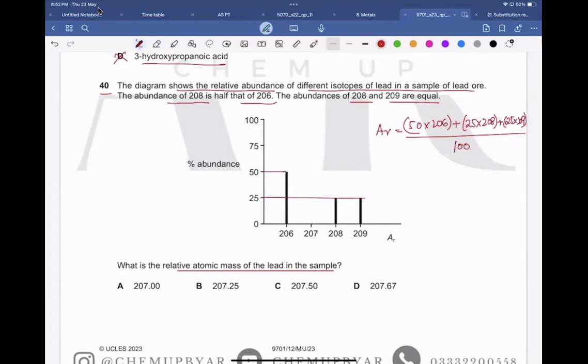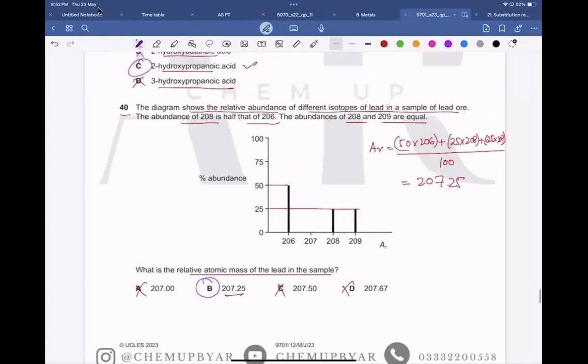Yes, can anyone please calculate and tell me the answer? It's 207.25. So it's this one. So C, D, and A go wrong, and B is the correct answer.